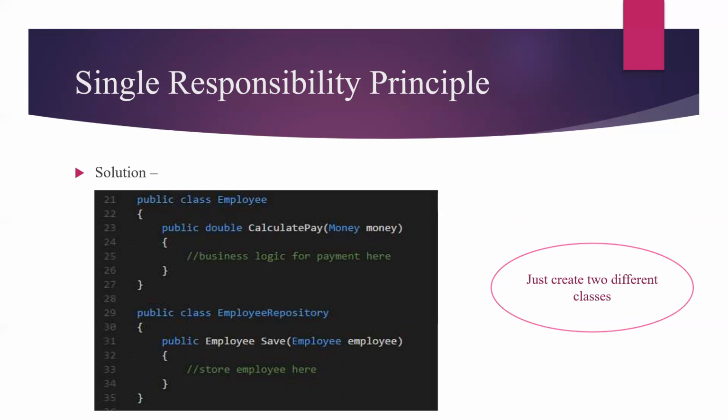For saving the employee details, you can create another class, and you can see here, EmployeeRepository. Now these classes follow the single responsibility principle, since both of these classes have only one responsibility or only one action to perform. The Employee class has the responsibility to calculate salary, and the EmployeeRepository class has the responsibility to save the employee data.